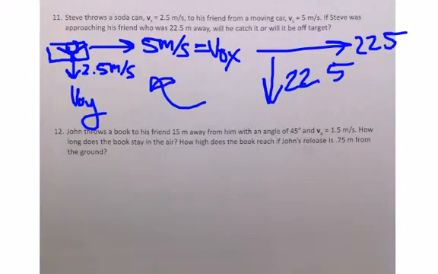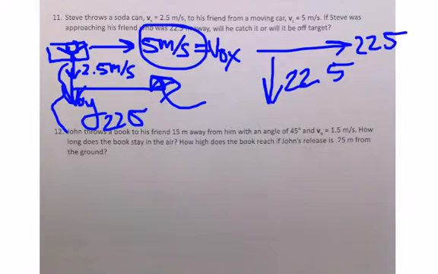how these things can get broken up and what things you might want to consider. For example, if his friend was over here, 22.5, and he threw it out of a moving car, well, it would definitely be off target because it has all of this velocity in this direction.